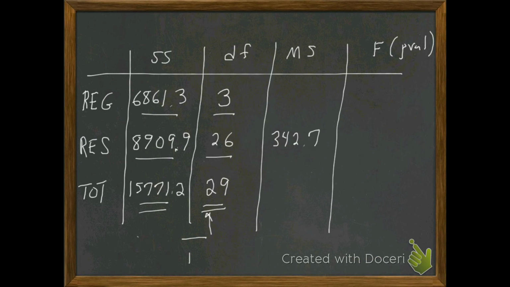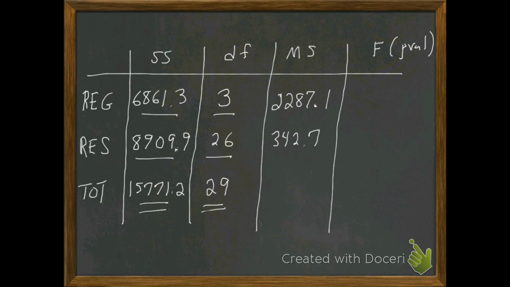All right, gang, let's make it happen. Get our F statistic. The mean square regression is just going to be 6861.3 divided by 3. I'm just going to grab the calculator here. So we're going to get 2287.1.